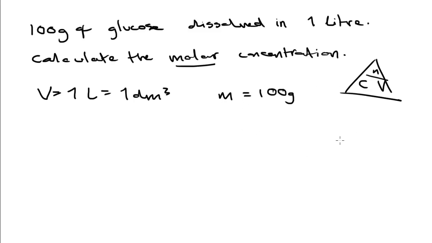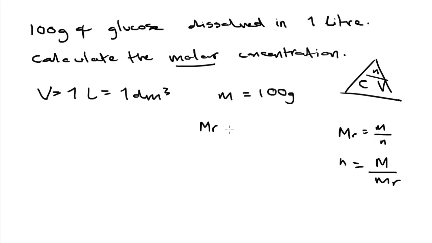So we must turn our minds back to the other relationship, which is relative formula mass equals the mass divided by the number of moles. So in order to find that number of moles, I've got to divide the mass I have by the relative formula mass of glucose.